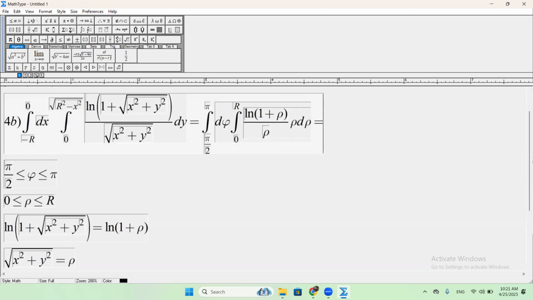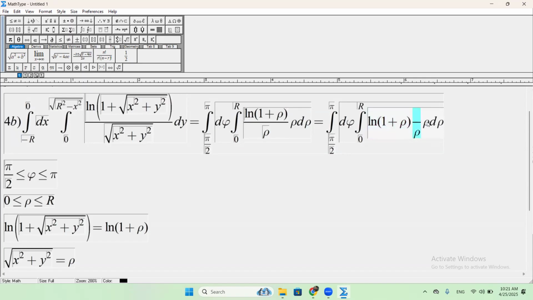And what can we see here? That we can first of all simplify rho. So to cancel rho in numerator and denominator. And also we can split again this integral to the product of the separate integrals, so we can separate the variables.